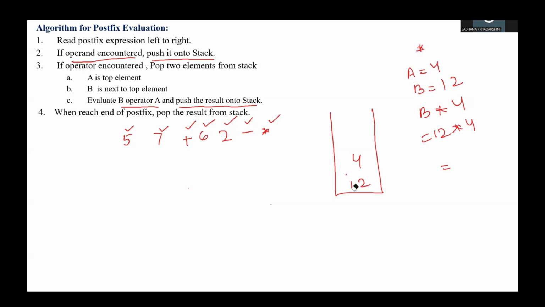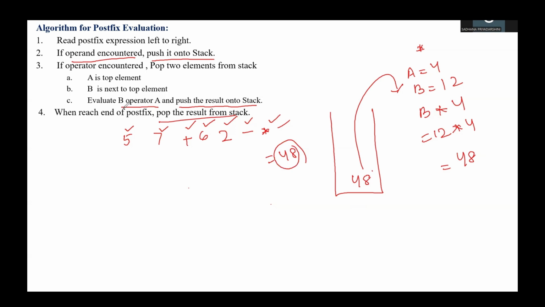Whatever result we get, we put into the stack. The result is 48. After that we reach the end, so we pop the result from the stack. The value is 48, so this is our resultant value.